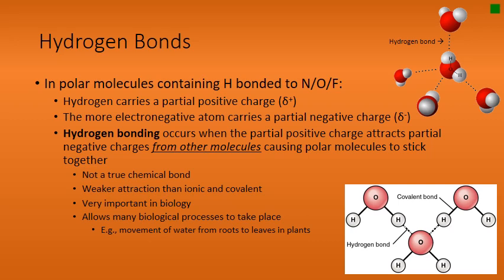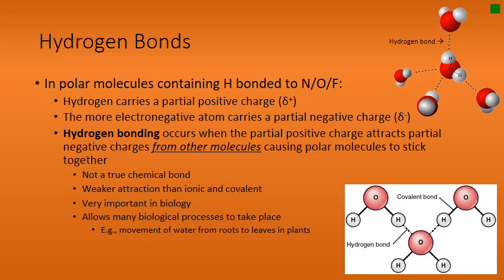So this hydrogen bonding interaction, this hydrogen bonding attraction, occurs when the partially positively charged end of one molecule is attracted to the partially negatively charged end of another molecule.